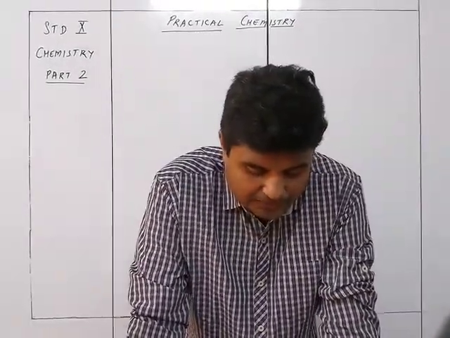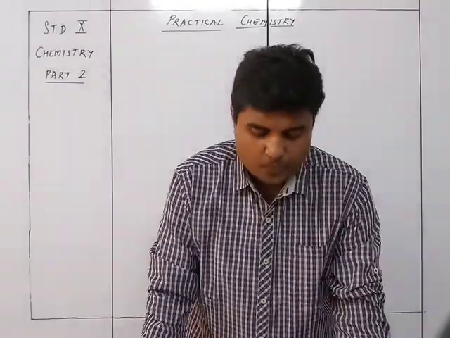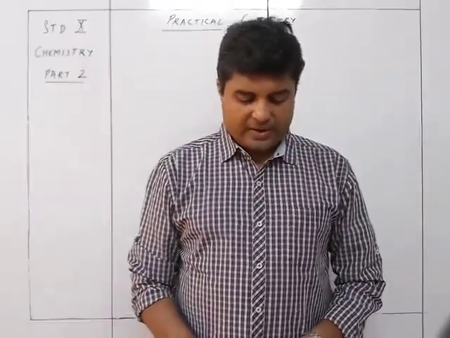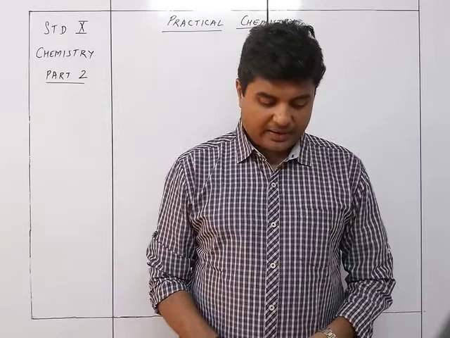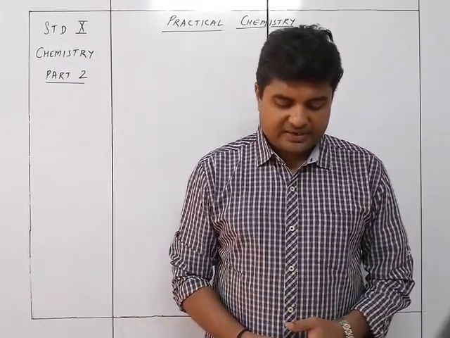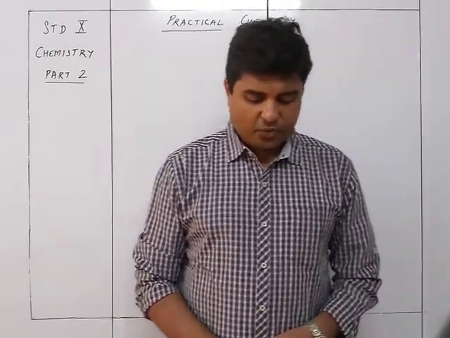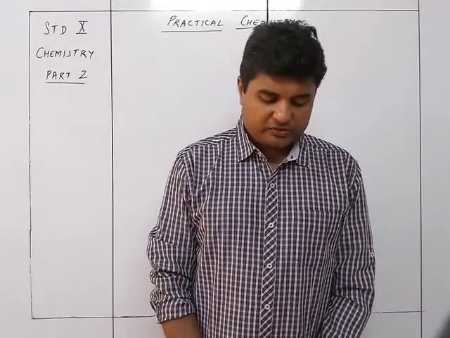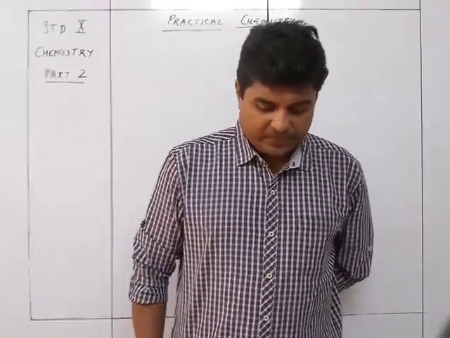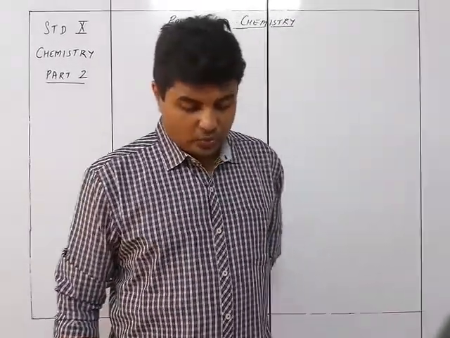The third, which is important again, is that it turns Nessler's reagent from colorless to pale brown, or gives a reddish brown precipitate, that is iodide of Millon's base. That happens on passage of ammonia into excess of Nessler's reagent, the alkaline solution of potassium mercuric iodide. So that is K2HgI4 plus NH3 plus KOH will give you the brown precipitate, plus KI plus 2H2O.